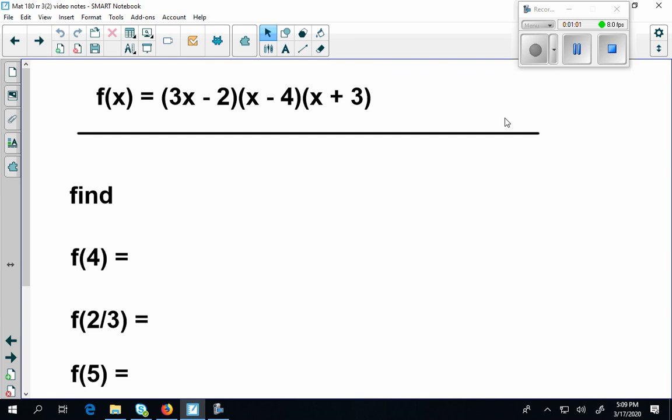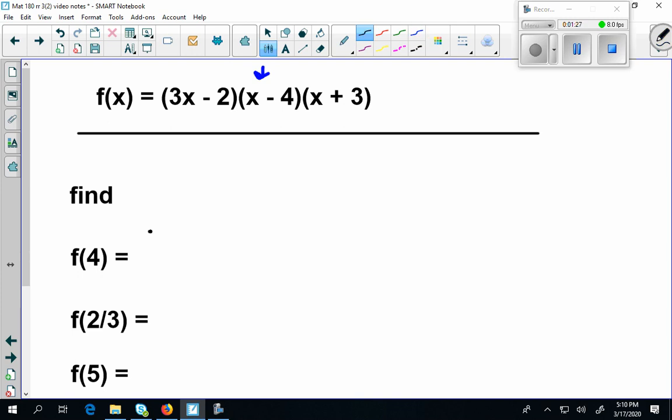If I want to know what f of 4 is, I just put that 4 in everywhere I see an x. But if you look at that second factor, when I put the 4 in there, 4 minus 4 is 0, meaning one of my factors is going to 0.